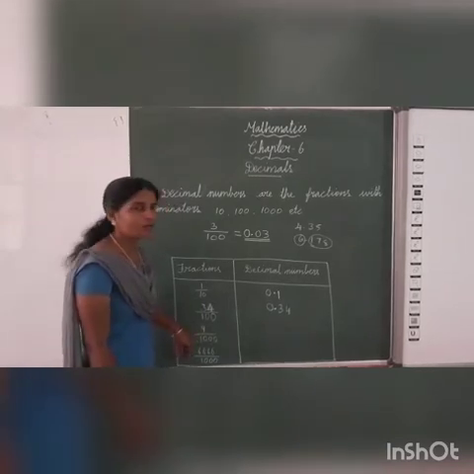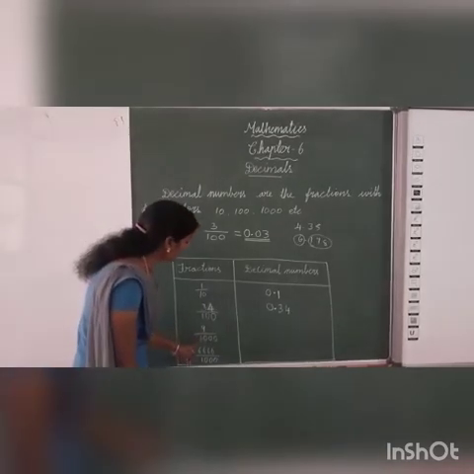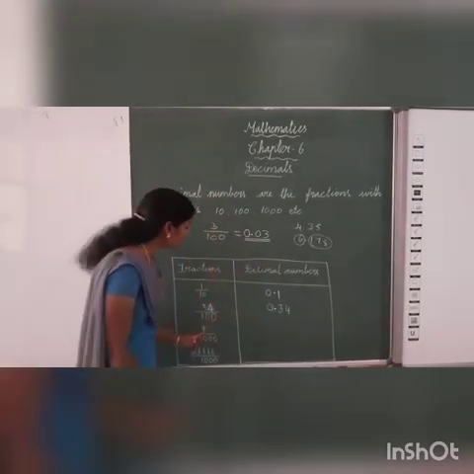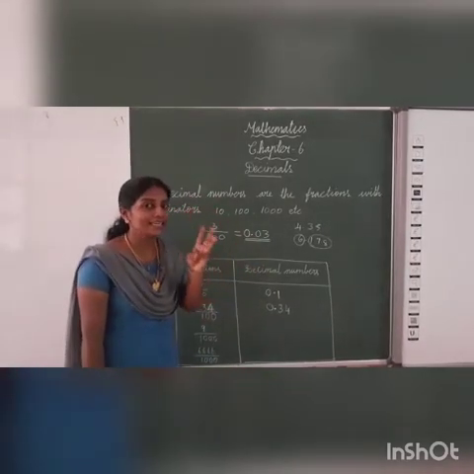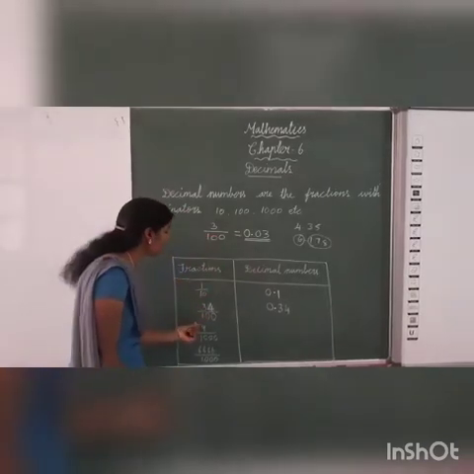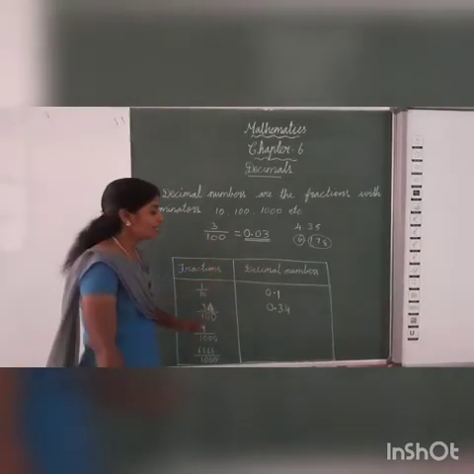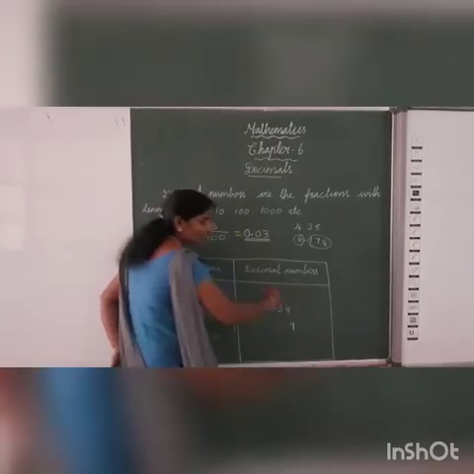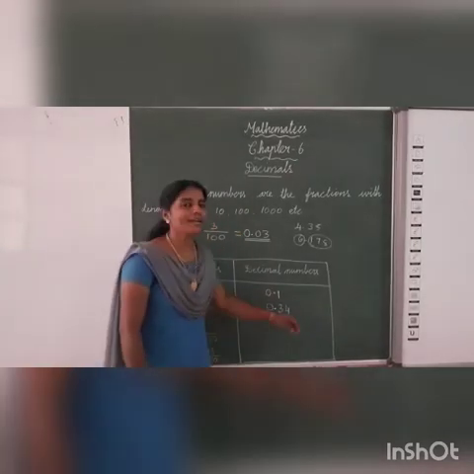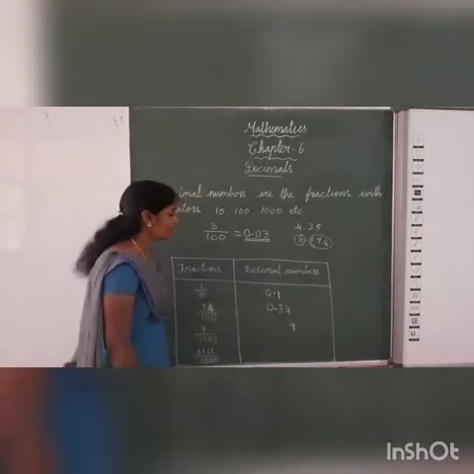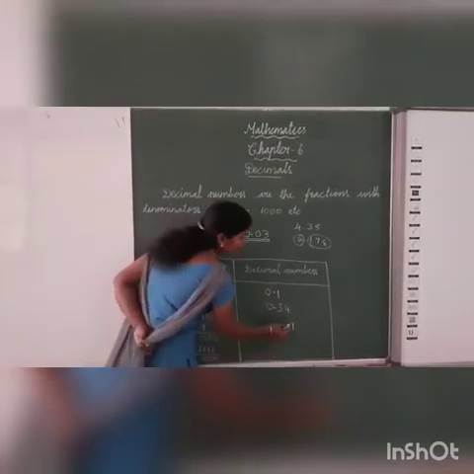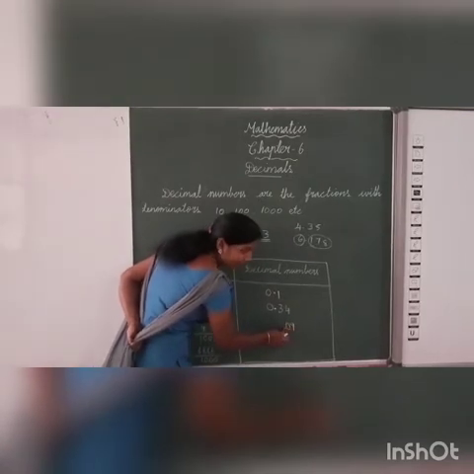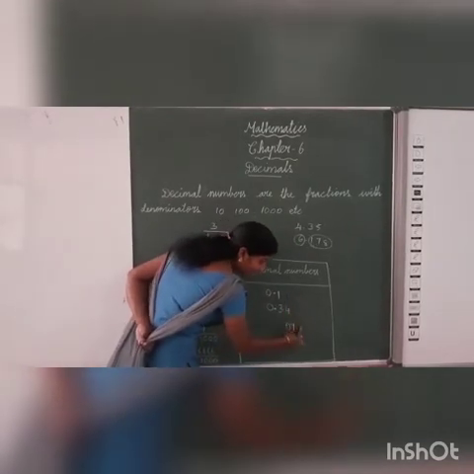Now the third one, 9 by 1000. After the 1, we have 3 zeros. So after the point, we need 3 digits. But we have only 1 digit in the numerator. We need 2 more digits after the decimal point. So we add 2 more zeros to the left of 9. You don't add on the right side.